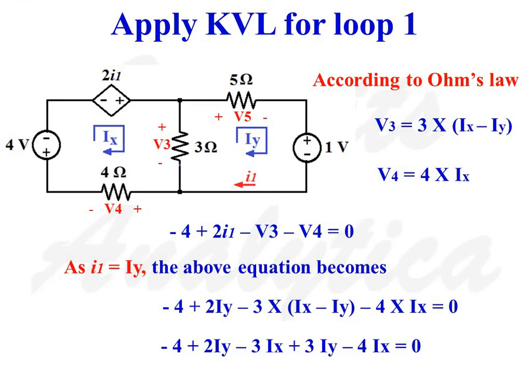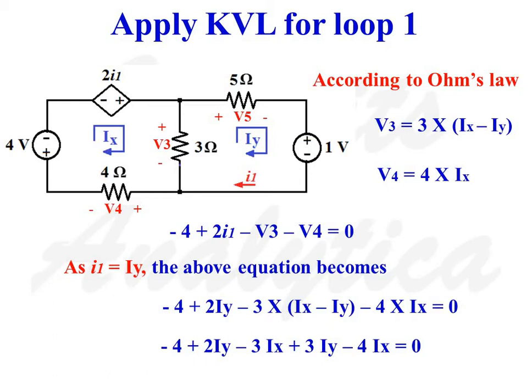Applying KVL for loop 1. There are 4 voltage terms in loop 1: one independent voltage source, one dependent voltage source, and voltage drop across 2 resistors, V3 and V4.